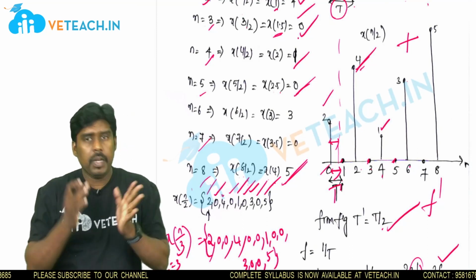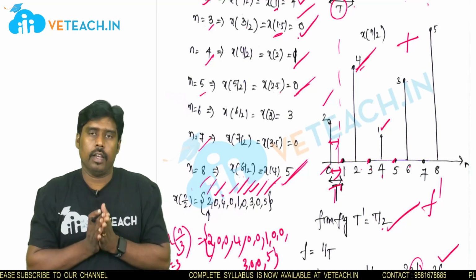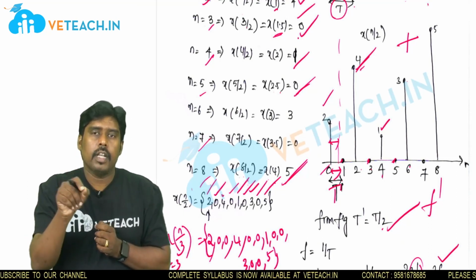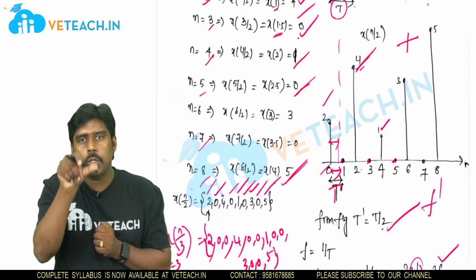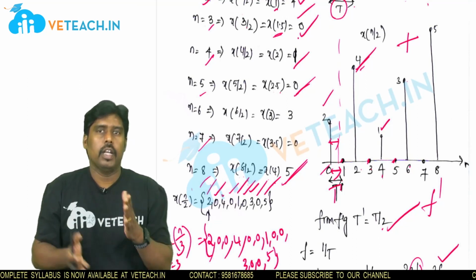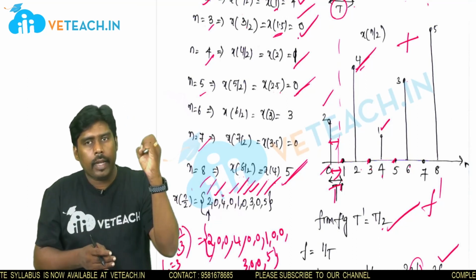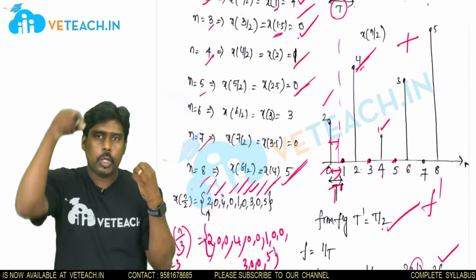So I can simply make a statement like this: depending on the value of L, insert L minus 1 zeros between two successive samples of the input sequence. See the difference. In downsampling, you are neglecting, discarding, removing, but in upsampling, you are inserting.